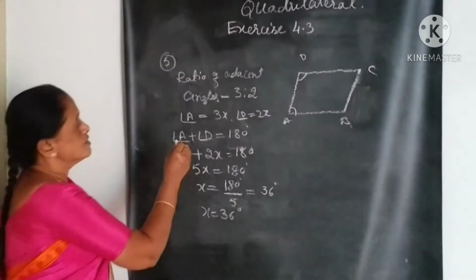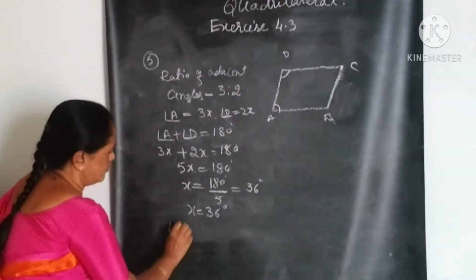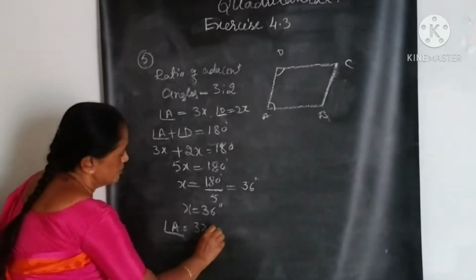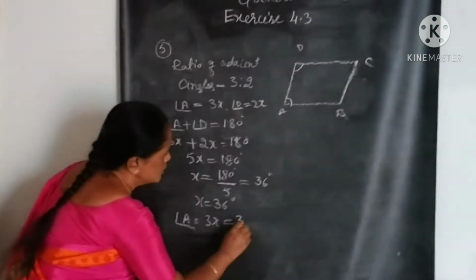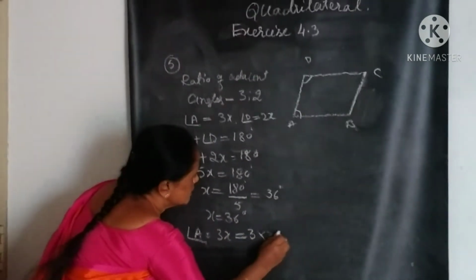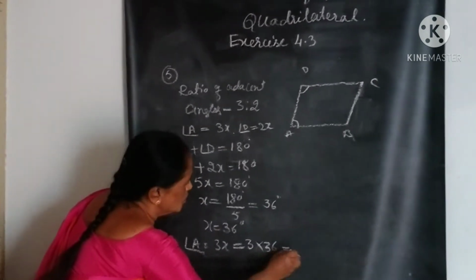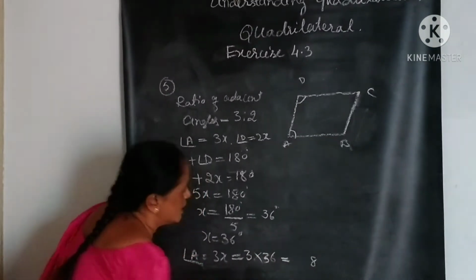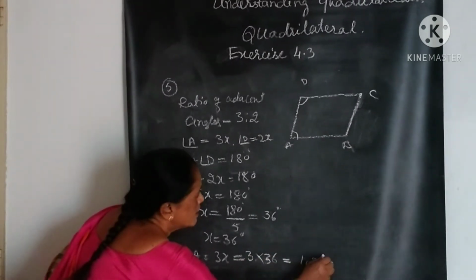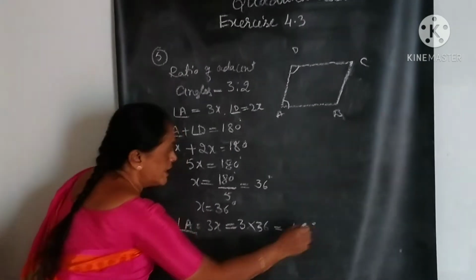Then find the values of A and D. We already know that A is 3x. Next, 3 into, substitute the value of x, that is 36 degrees. That is equal to 108 degrees. Angle A is 108 degrees.